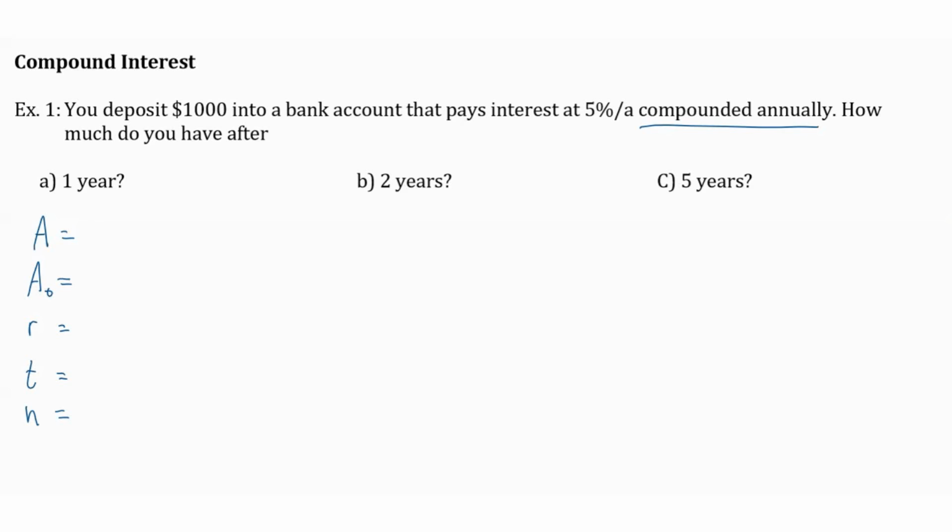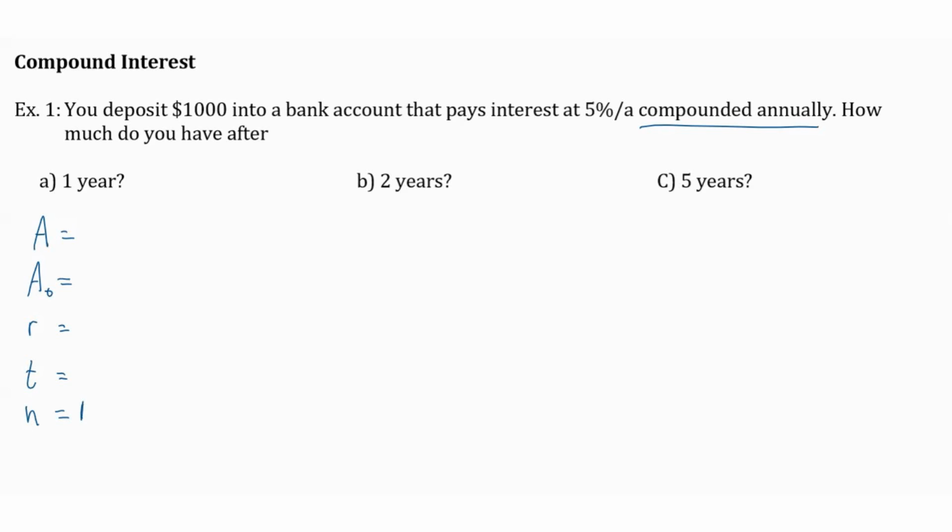And again, everybody will have a different preference. You can do them in order, or you can go through the question and read through it and start taking numbers out of the question and plugging them in to where they go. Okay? So I already told us N is 1, so let's get that out of the way.